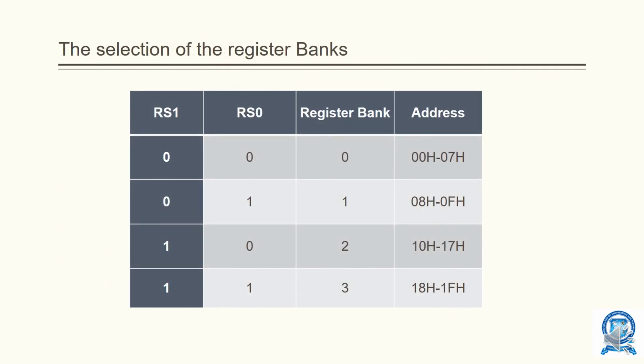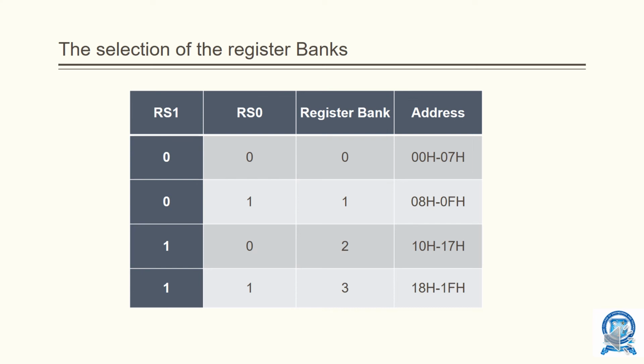Here comes the register bank selection. As I told already, we have 4 register banks: bank 0, 1, 2 and 3. The bank can be chosen based on the RS0 and RS1 values.